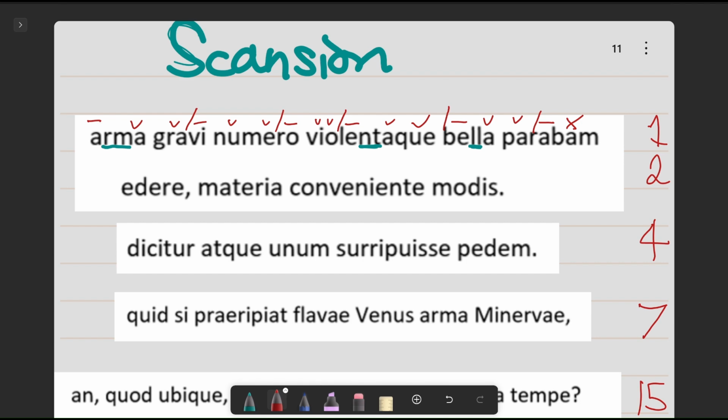And he's done this all with dactyls, which sounds a bit jolly. You think saying something like arma gravi numero, with all longs, would be more serious. But he's made the meter feel quite light when he says he was preparing to put forth something really serious.